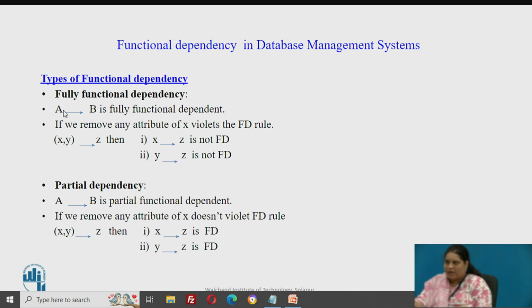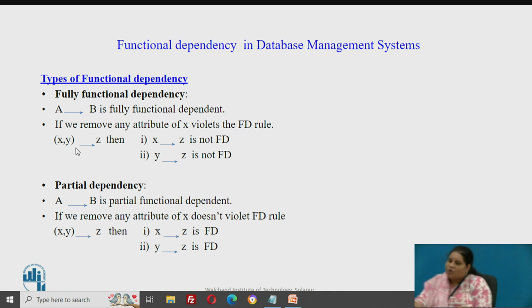Suppose X and Y are two attributes which have a functional dependency with Z. It is fully functional dependent when, if we consider only X, or if we remove Y, it is not functionally dependent, or if we remove X, then Y has no functional dependent relation with Z. In that case we can say this is fully functional dependent.